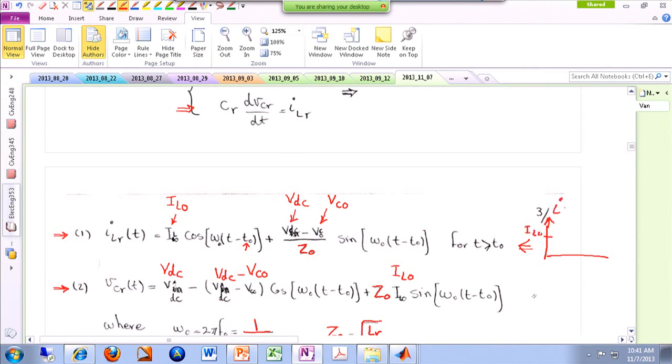So this is I of LR, and it kind of resonates around. I'm very hesitant about drawing it because I might be wrong, but something like this. And then if you look at the voltage of the cap, it resonates with the DC value of your input voltage. So it resonates around this level of VDC. Something like this, okay? So there is some resonance going on.